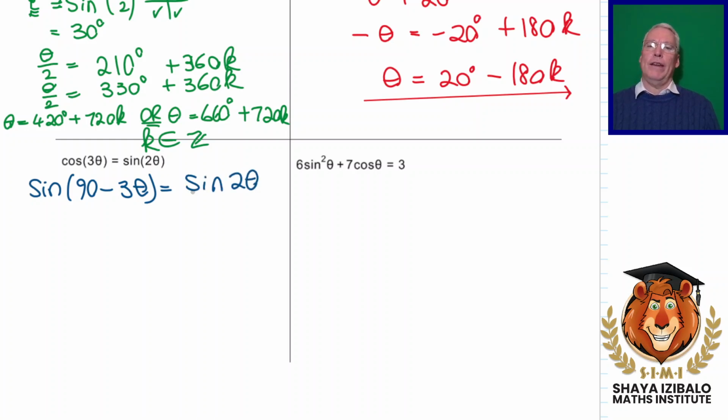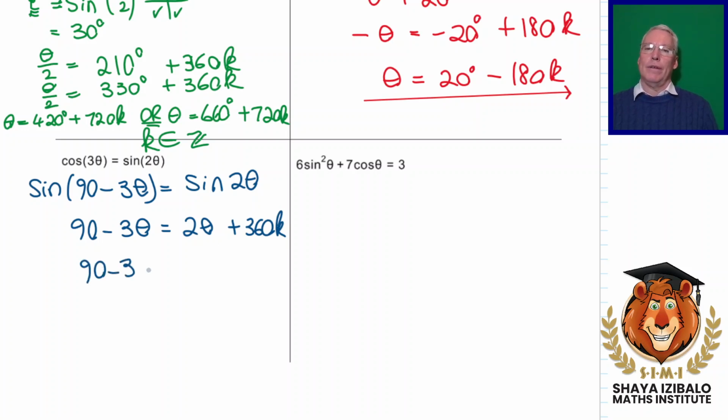Now, when we've got sine equal to sine, either the two angles are equal, plus 360k, or the other alternative is that one of the angles is 180 minus the other angle, plus 360k. So those are our two possibilities.